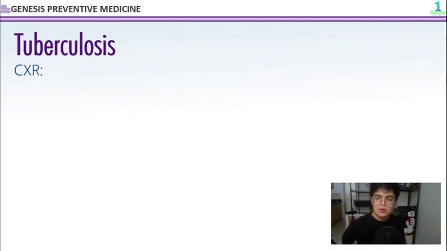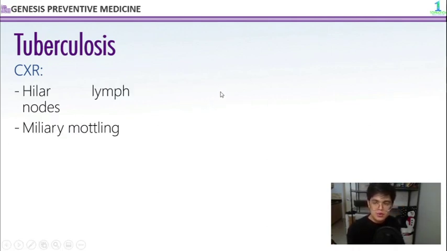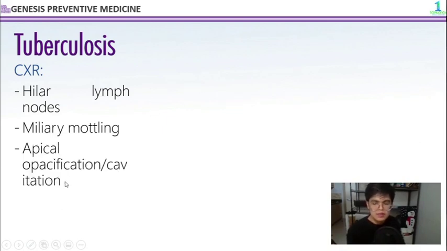Okay, so findings on chest x-ray that are suggestive of tuberculosis are hilar lymph nodes, miliary mottling, and apical opacification or cavitation. These are what we say are active signs of tuberculosis as can be evidenced on an x-ray.